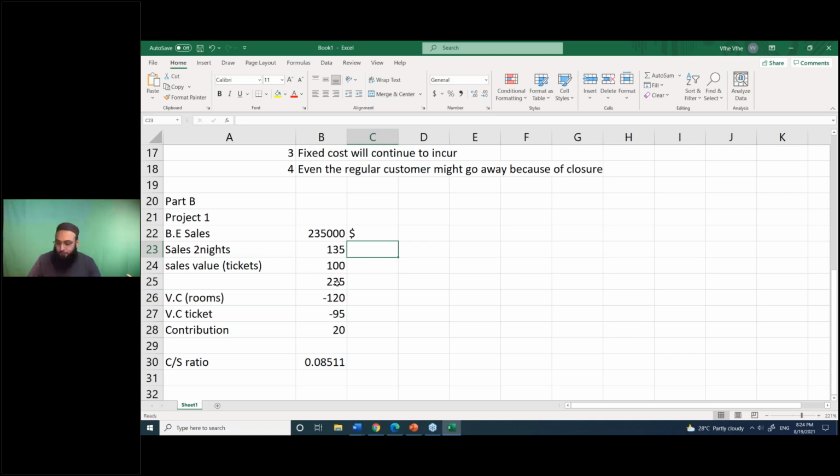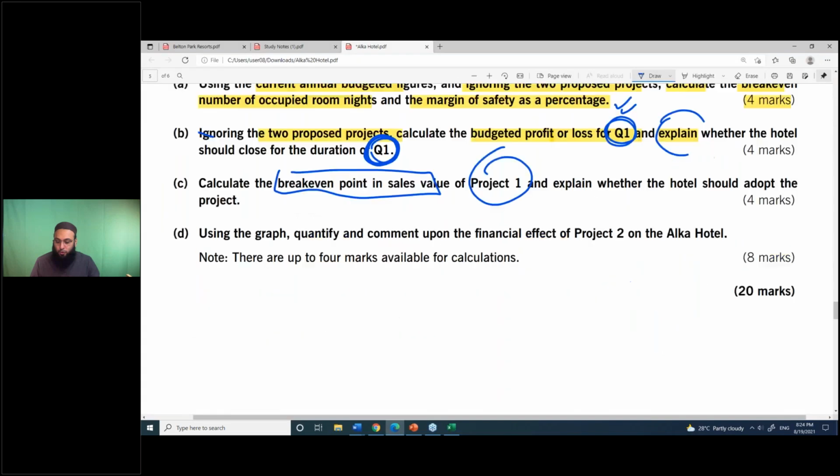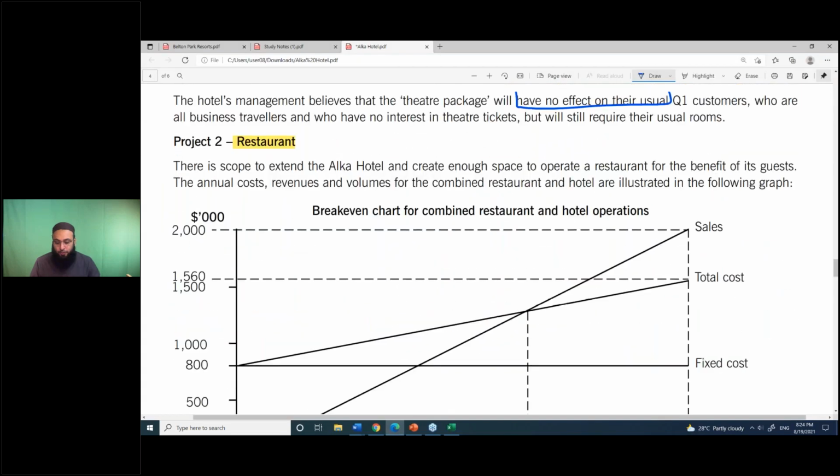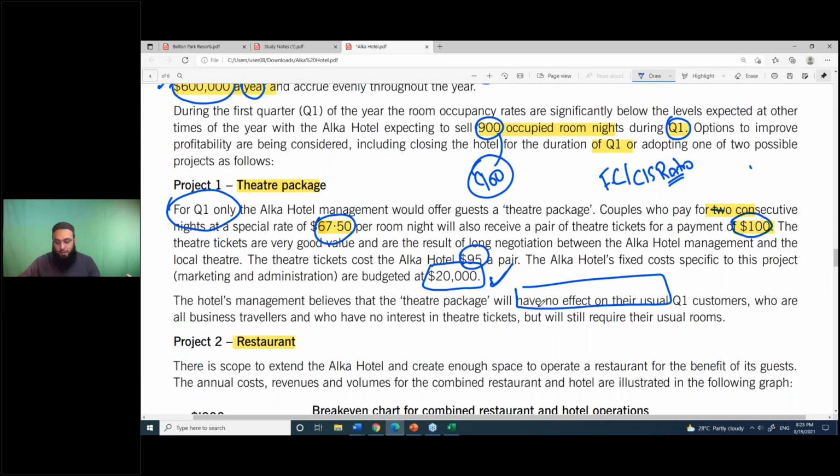Okay. Now, after this, the next thing is to explain whether the hotel should adopt the project or not. Now, what do you think? Should we adopt this project or not? Your answer will definitely matter here, and you really need to think about it before you give your final judgment.